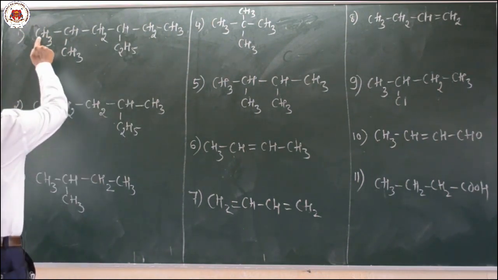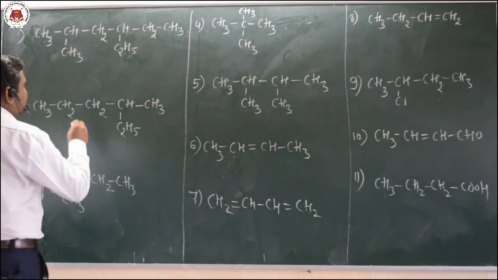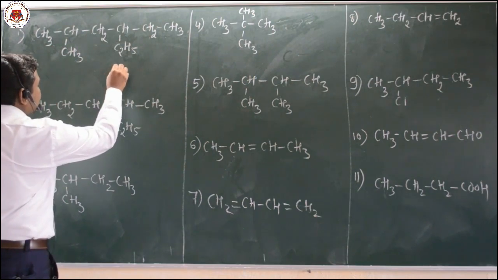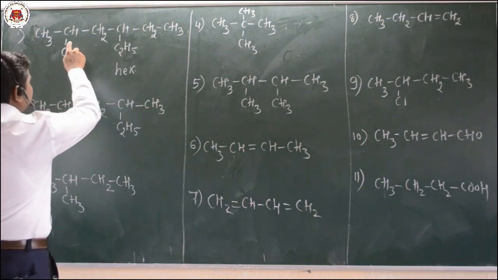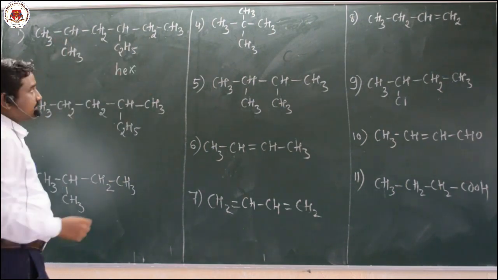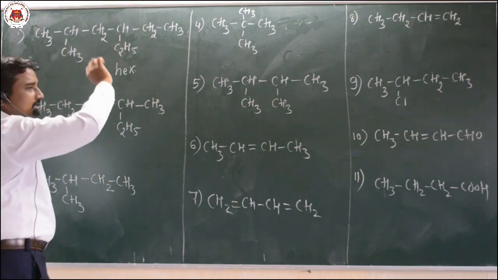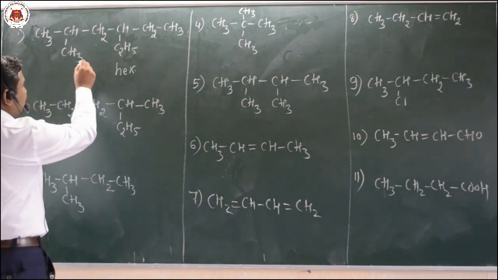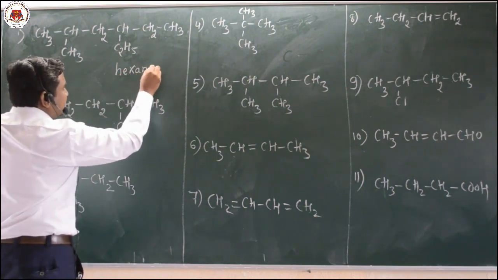Now here we have 1 2 3 4 5 6 carbon atoms, hence the root word is hex. Next, after the root word you have to write the suffix. The suffix indicates the nature of the bonds. In this compound we have only single bonds, so for that reason you have to write the suffix "ane".